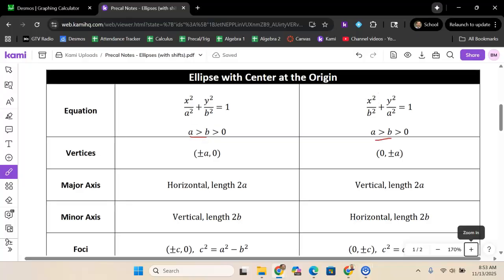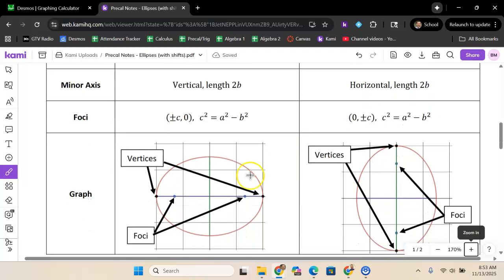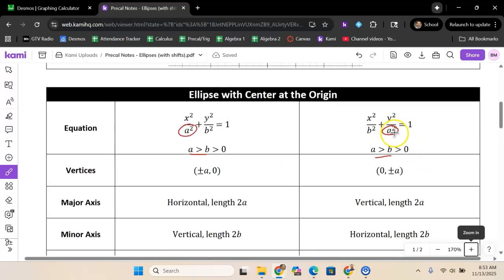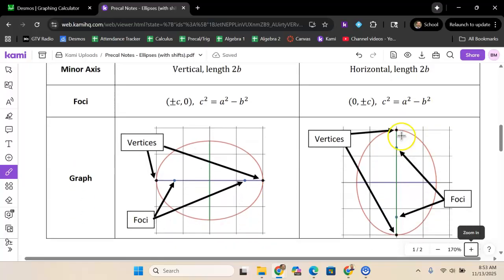So what we're looking at is the bigger number underneath x, or is the bigger number underneath y? That's going to determine the orientation of the ellipse. If the bigger number is underneath x, it's going to be a more horizontal ellipse. It's going to be stretched more that direction. If the larger number is underneath y, then we're going to have a more vertical ellipse, and the stretch will be more in that direction.